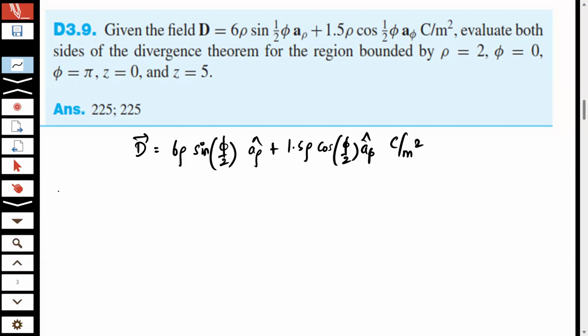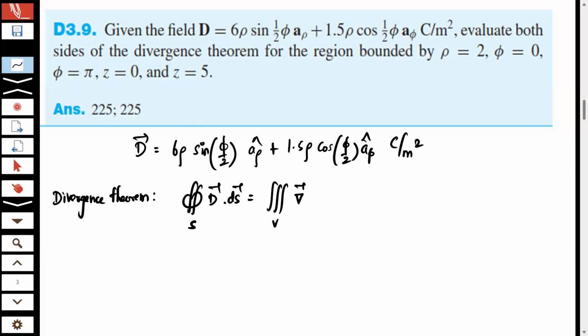So let us write the divergence theorem equation first. You can write Gauss divergence theorem, or simply divergence theorem, which is closed surface integration D dot dS equals volume integration del dot D dv.